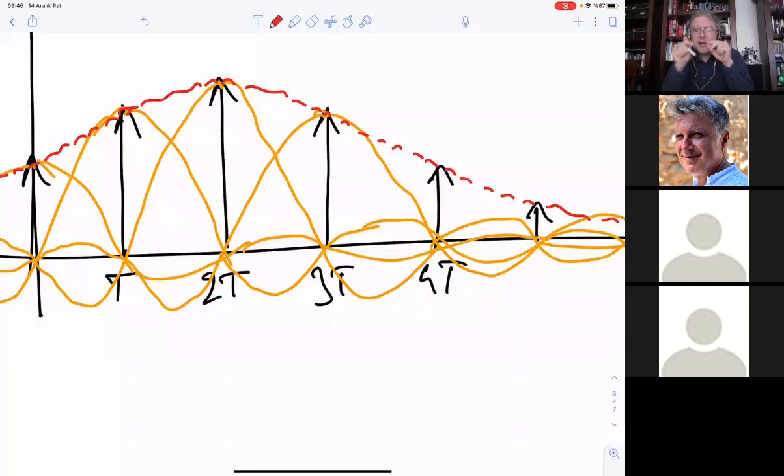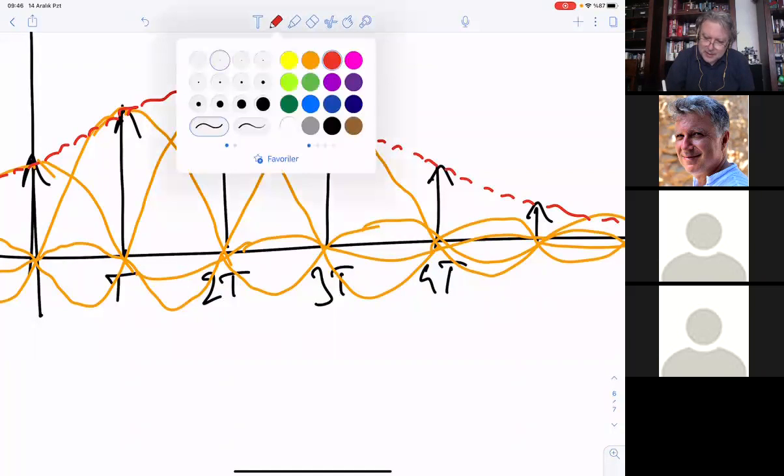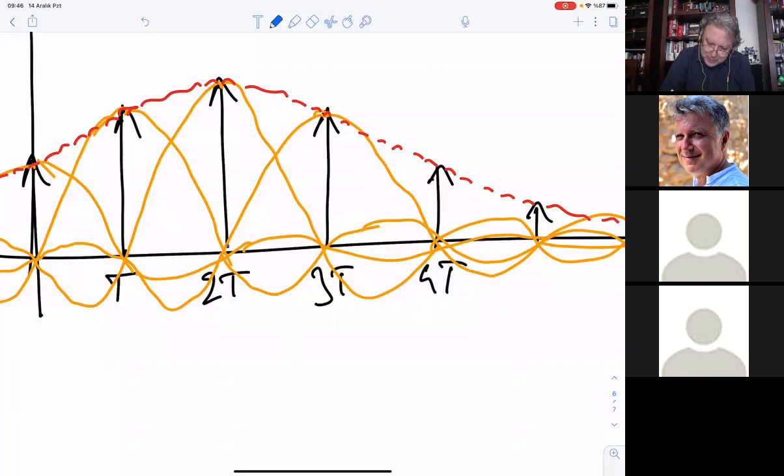At 2T, all the others are making a zero crossing. So the value at 2T is only determined by this peak value of the sinc. The other sincs will not contribute. They will make zero crossings, so nothing over there. So the impulse positions will be precisely equal to these values.